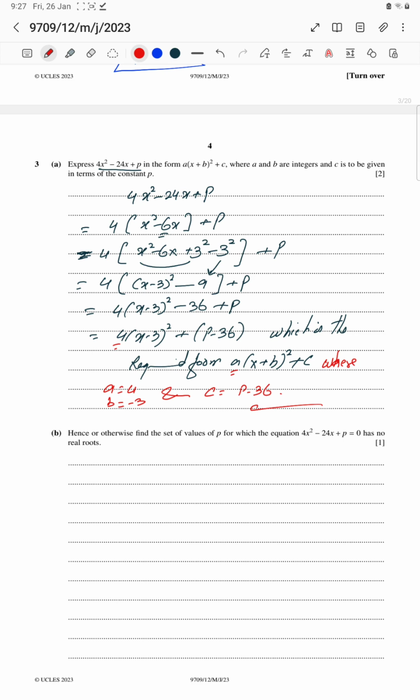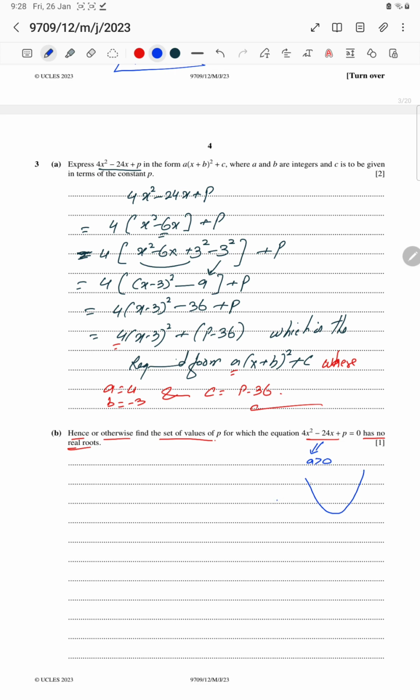Now the question b part of this one: hence or otherwise find the set of values of p for which the equation has no real root. As you can see here, as a is positive, a is greater than 0, so the curve will look like this one.